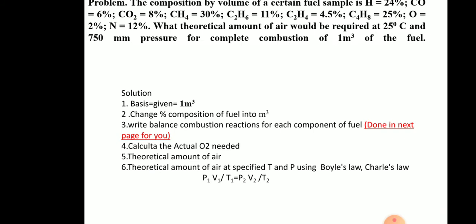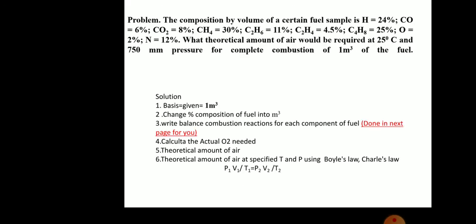Basis: it is given as 1 meter cube. Change the percentage composition of the fuel's components into meter cube. Write the balanced combustion reaction for each and every component of the fuel. It is done for you in the next slide. Calculate the actual oxygen needed. Then the theoretical amount of air, and the theoretical amount of air at the specified temperature and pressure using Boyle's law and Charles' law to get the volume changed.